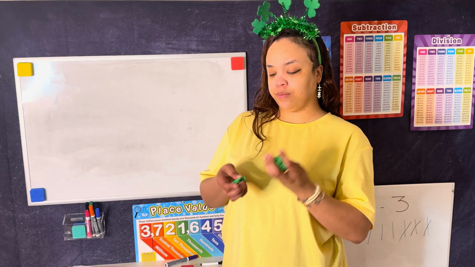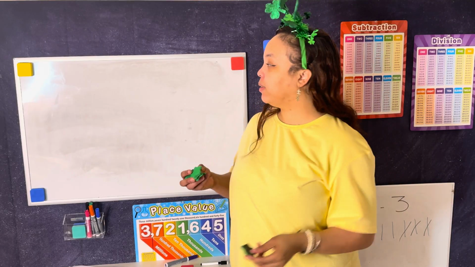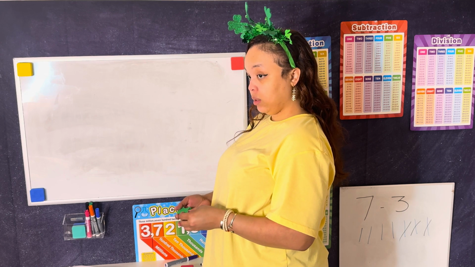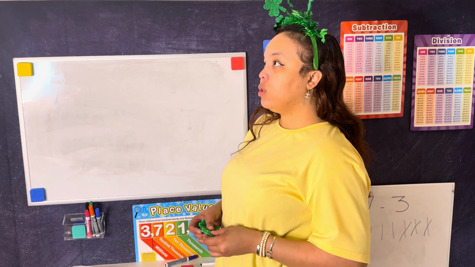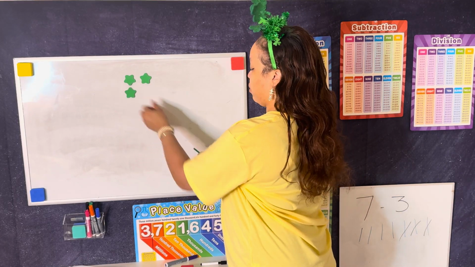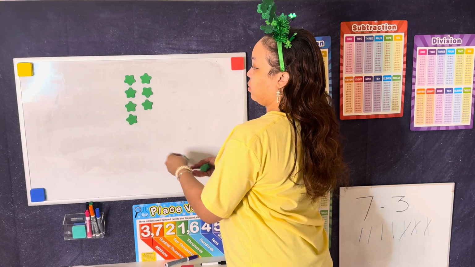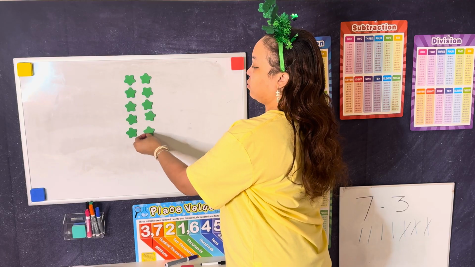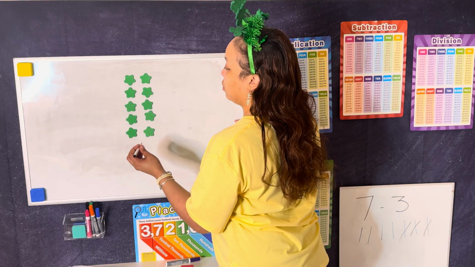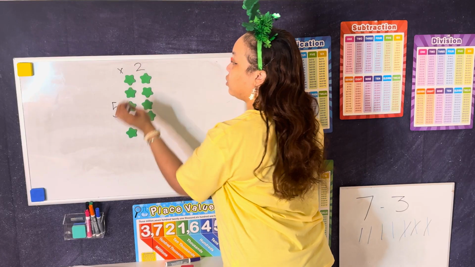So let's use my stars just for some color visuals and because it matches my headband. So here we have 4, 8, 10, okay? Let's do 2 times 5. 1, 2, 3, 4, this is showing you what 5 times 2 is.